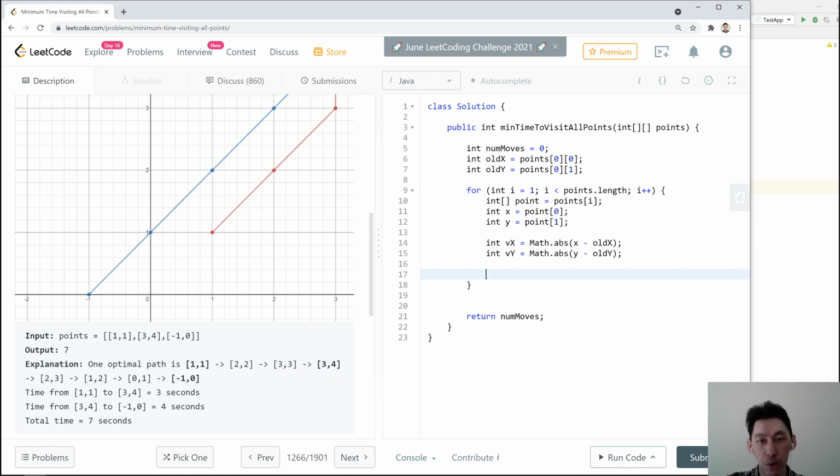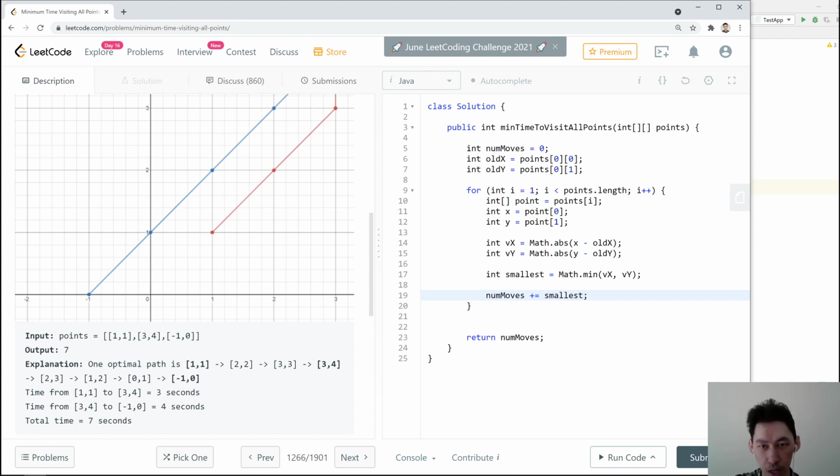So we need to figure out what the smallest one is. Math minimum of that and that. And then we need to increase by smallest, and we also need to add that remainder, which is Vx minus smallest plus Vy minus smallest.